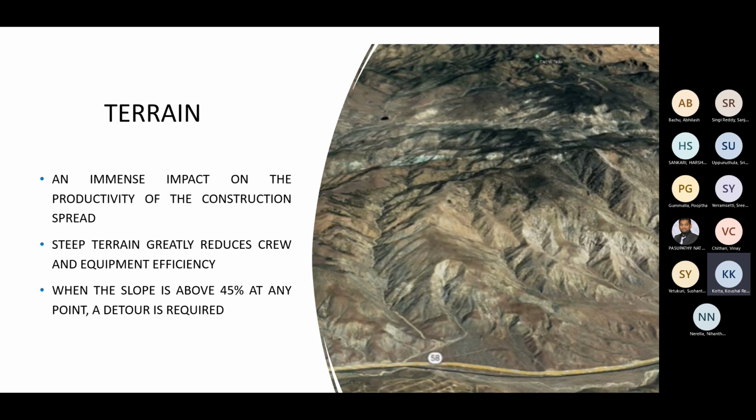If the terrain is high or the slope is steep, then it makes the crew and equipment run slow compared to normal terrain.